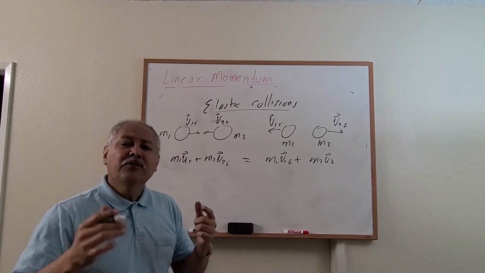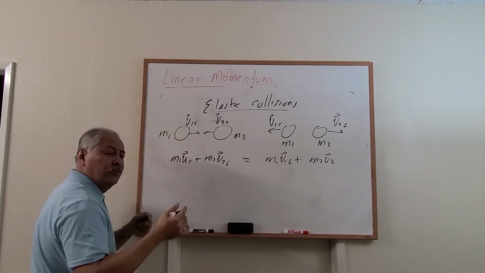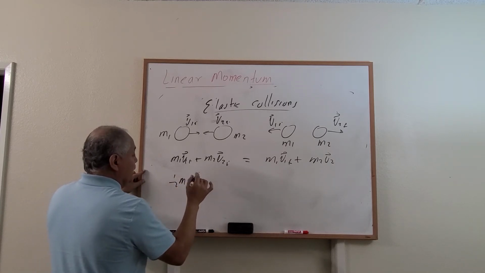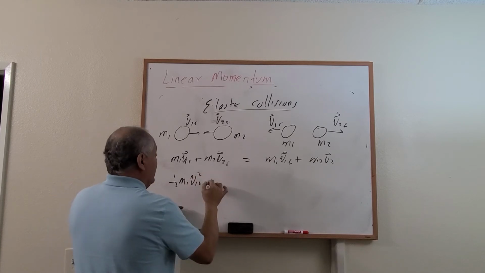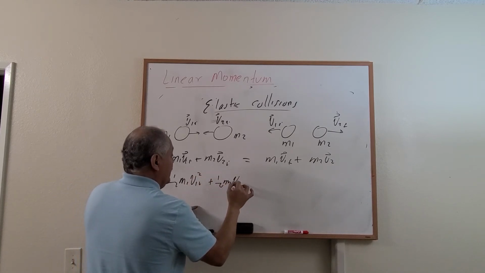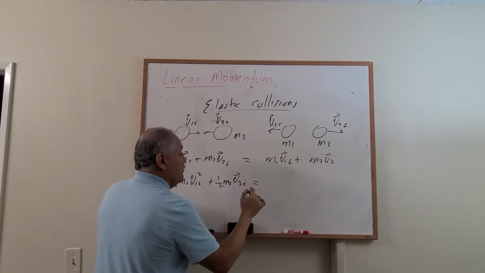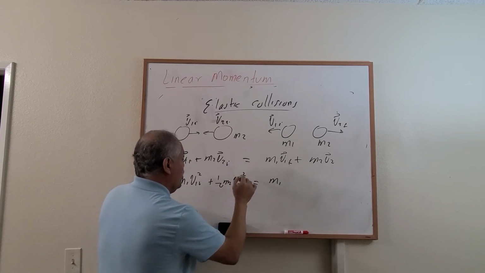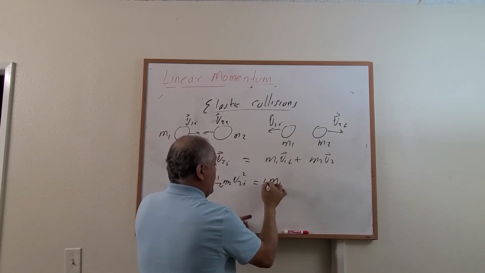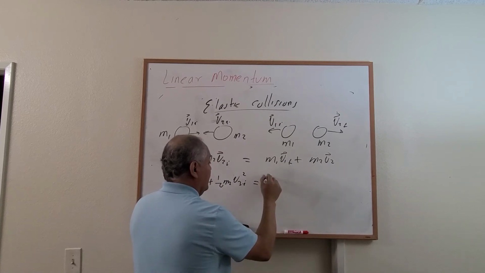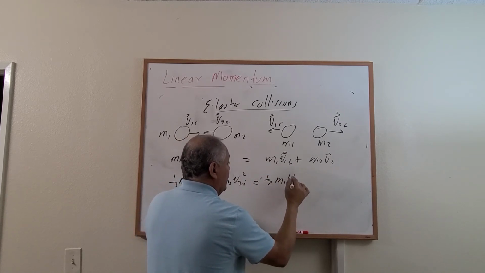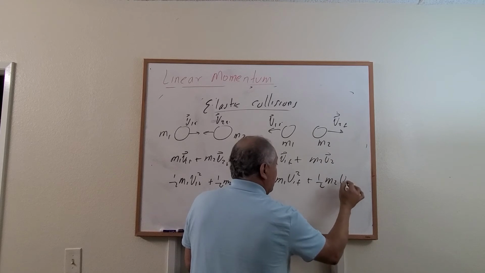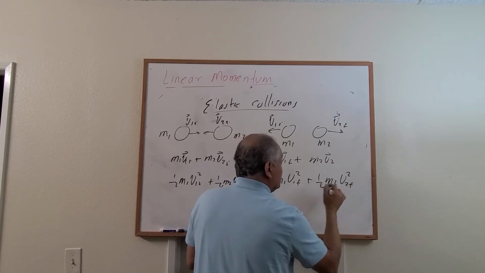For energy, we use the kinetic energy equation: 1/2 m1 v1 initial squared plus 1/2 m2 v2 initial squared equals 1/2 m1 v1 final squared plus 1/2 m2 v2 final squared.